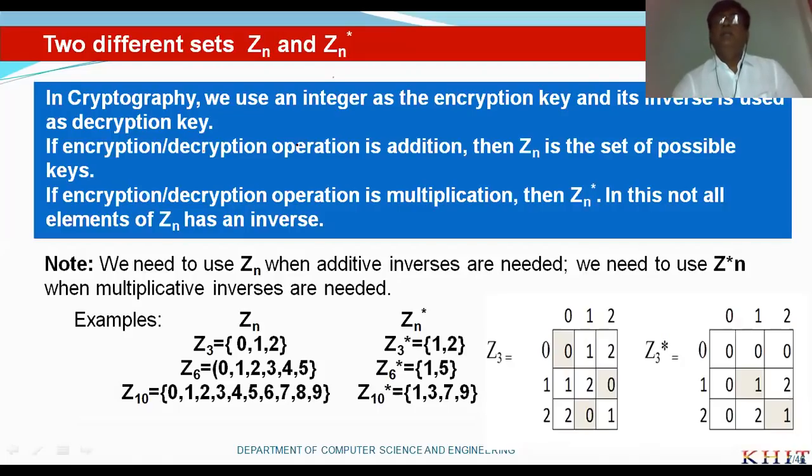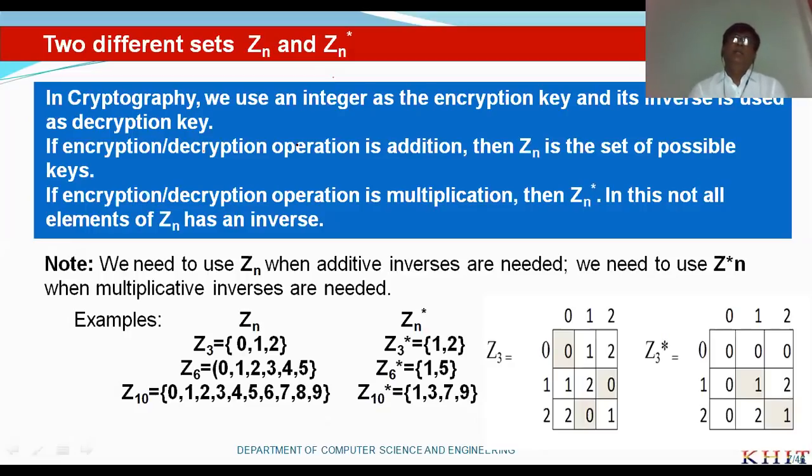Why do we use these inverse numbers? Generally in cryptography we use an integer number as the encryption key, and its inverse is used as the decryption key.